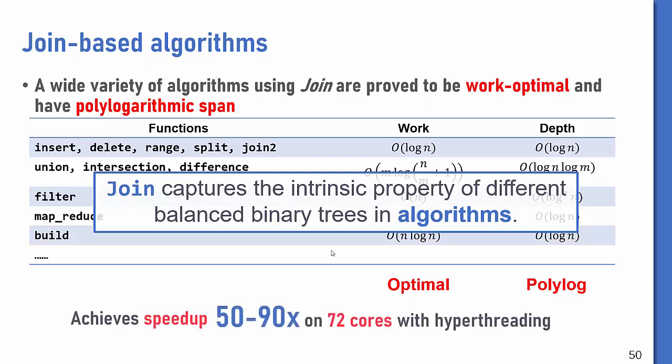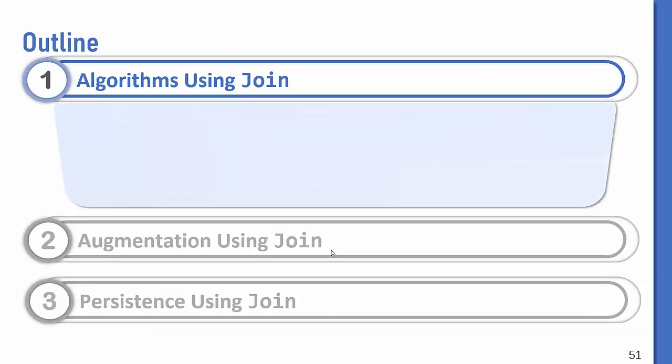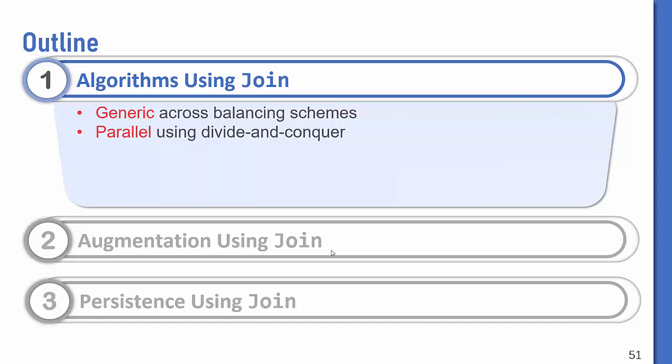Our experiments show that they can have speedup numbers of 50 to 90 on 72 cores with hyperthreading. Okay, this is the end of part 1, algorithms using join. In this part, we've seen join-based tree algorithms that are generic across balancing schemes, highly parallel, very simple, theoretically efficient, and actually also fast in practice.